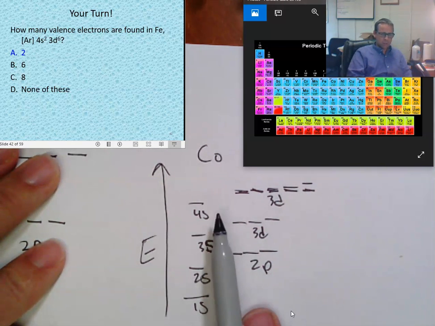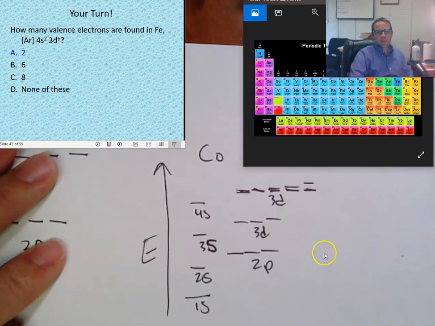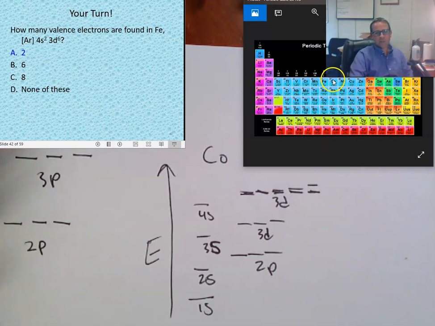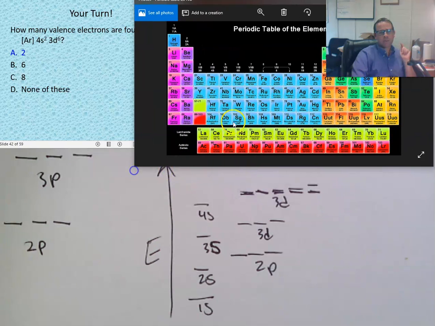If we want to go to cobalt, what's the last electron here? Where does that reside? Let's see, who's next? Eleanor? If we want to go to cobalt, where does our last electron that fills up cobalt going to be in our orbital diagram here?